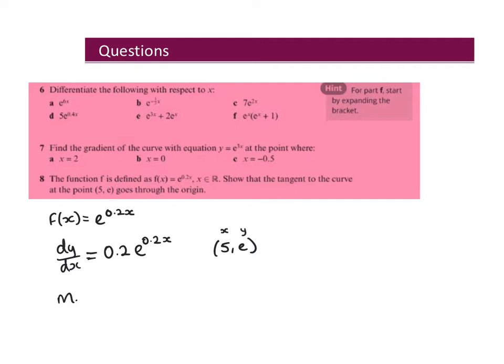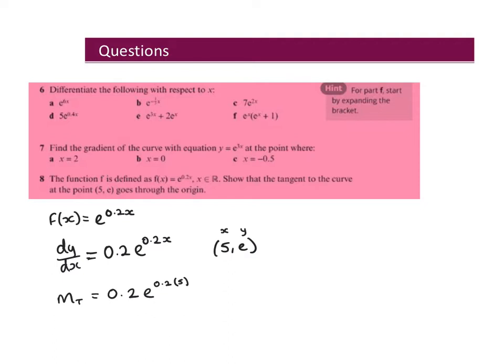So the gradient of the tangent. Now, m stands for gradient, the little t stands for tangent. I like to use this notation, you'll see it a lot as we get into tangents and perpendicular lines. m_t equals 0.2 e to the power of 0.2x, multiplied by 5, because at that point x equals 5. e to the power of 0.2 times 5 is in fact 1.